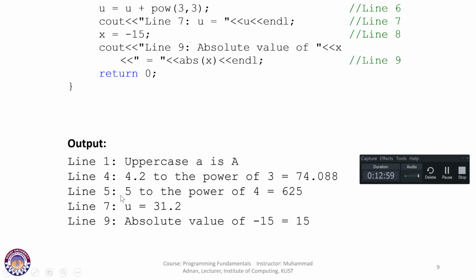Similarly, in line number 5, we displayed 5 to the power 4, which is 625. And at line number 7, we displayed the value of u, which is 3 to the power 3 plus u, which is 31.2. And then as I told you, the absolute value of minus 15 is 15, provided by this absolute function.